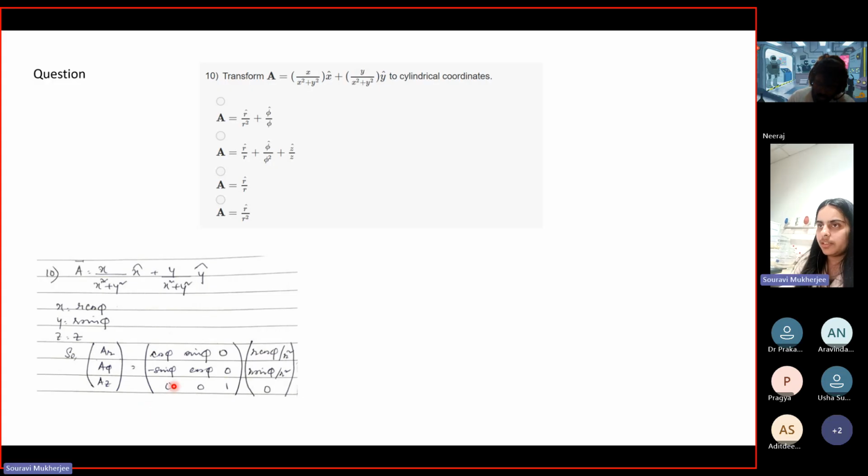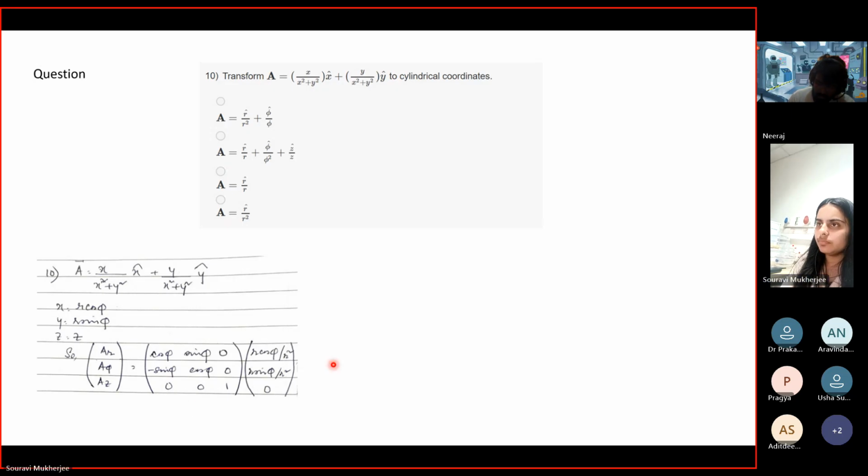You can very well see that if you do a product of this plus this, this term would be 0, a z is 0. But what happens to the a phi term? Try to find a phi, right? If you do the inverse multiplication, we'll get r cap by r square, the last option.